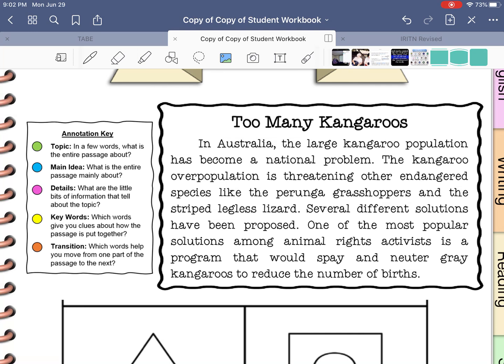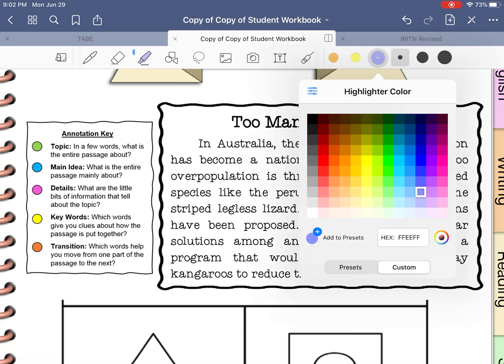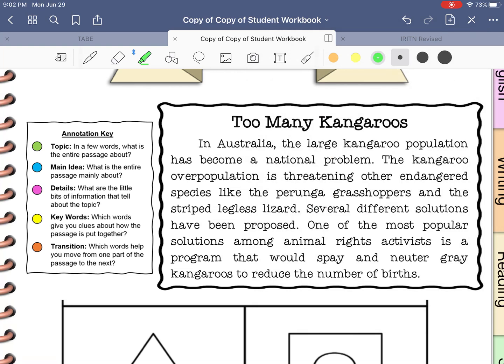So if I go back and annotate, and again, this passage is pretty simple. This is an upper middle school passage at best. I would say probably about 6th grade. So this is not high set level by any means, but it lets us see how this text is put together. And then you can use that same skill to read more complicated text.